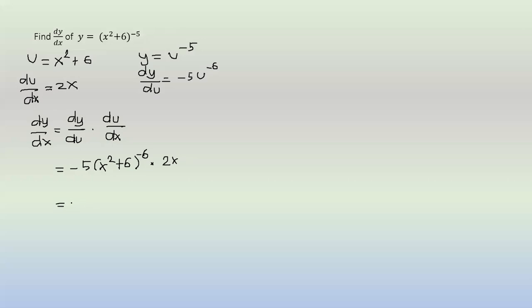Negative 5 times 2x equals negative 10x times (x squared plus 6) to the power negative 6.